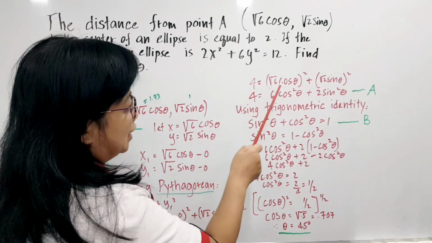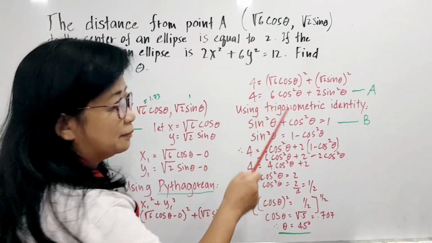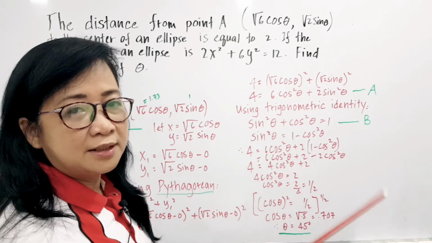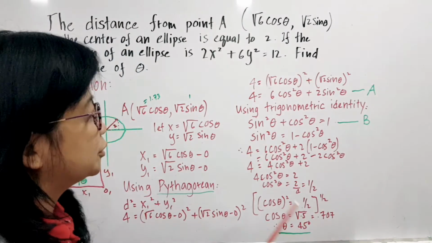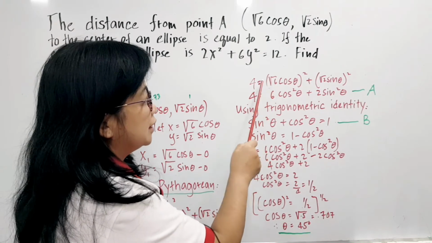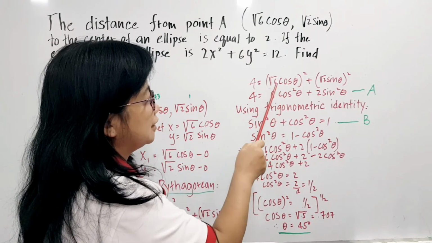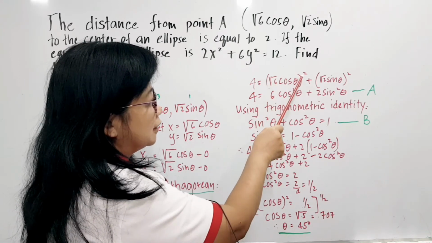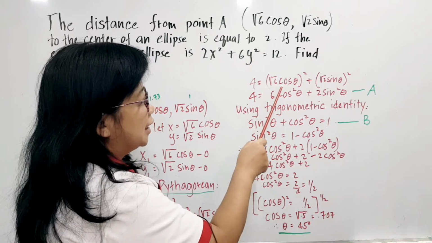Now, ibig sabihin, dito, alam natin na square root of a number times the square root of the same number will result to the number itself. So, here, square root of 6 cosine theta means square root of 6 squared is equal to 6.